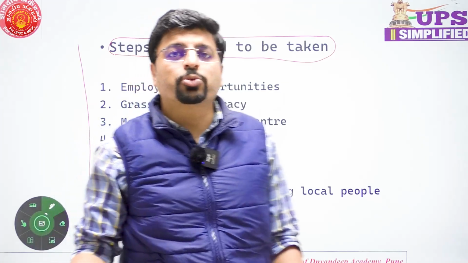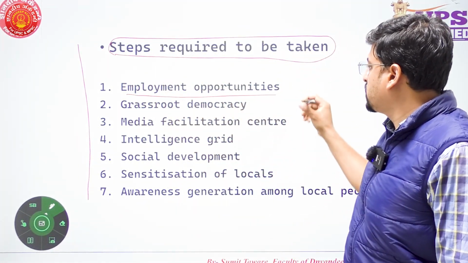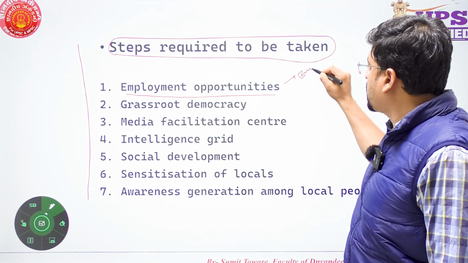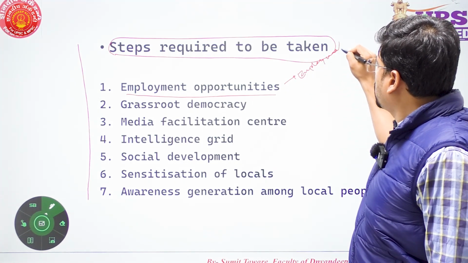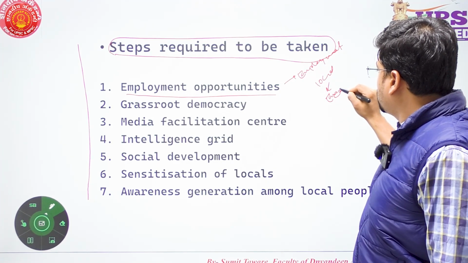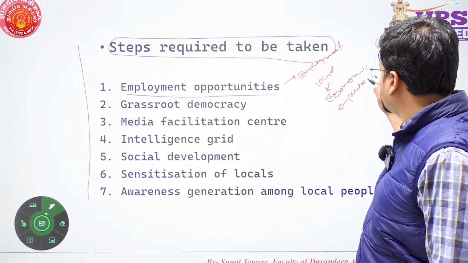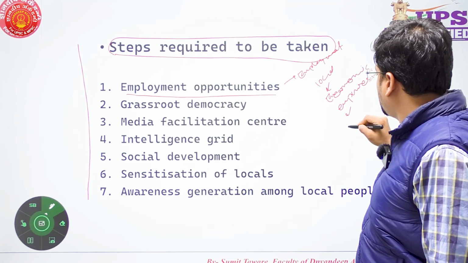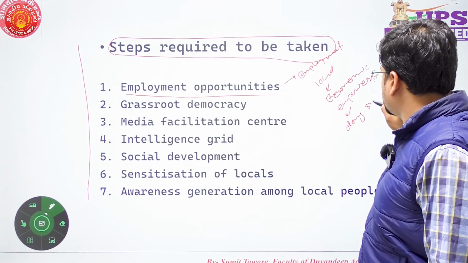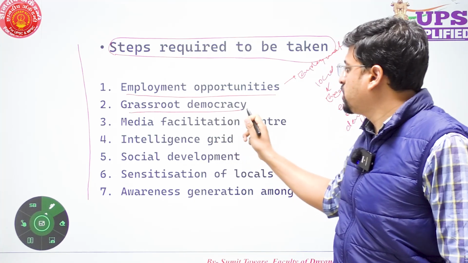In the next part we can see what steps are required to be taken to deny local support to the militants. The first one is employment opportunity. We should provide employment opportunities to local people so that economic empowerment of the people can be ensured, and because of that they will deny support to militants. Then grassroots democracy.